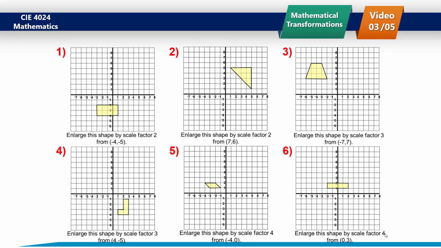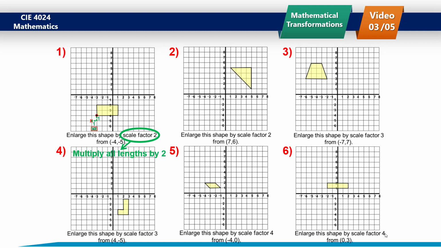So question number 1 is enlarge the shape by scale factor 2 from -4 and -5. So as the scale factor is 2, we have to multiply each length by 2. That means the figure will be doubled. So the center of enlargement is -4 and -5. We can see that the distance from that shape to the center of enlargement is 1 unit downward and 1 unit leftward.